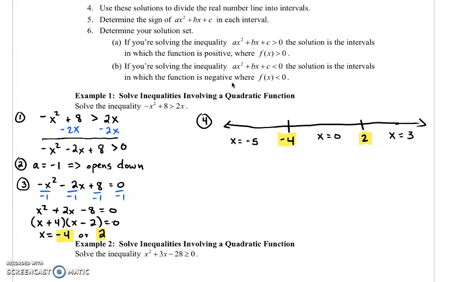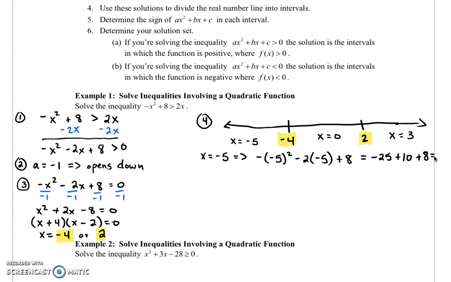Now let's figure out the numbers for all of these. If x equals negative 5, then we have negative negative 5 squared minus 2 times negative 5 plus 8, which equals negative 25 plus 10 plus 8, which is negative 7.